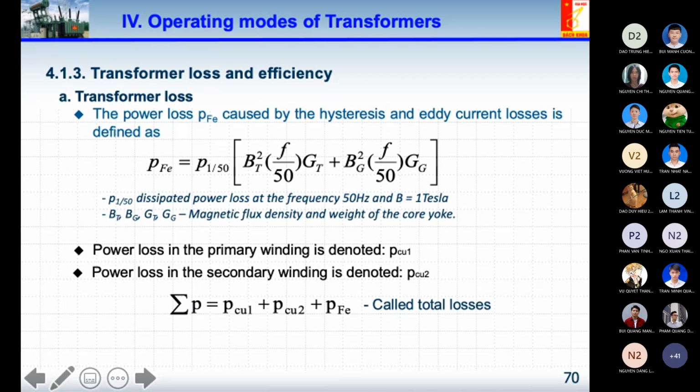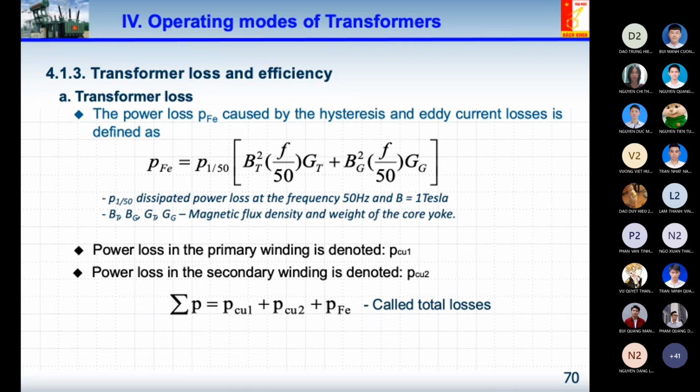But in practice, if you want to simulate the distribution of power loss of the transformer in general, or the electrical machine in detail, and if we apply the analytic method like this, the error is very big. With this method, we cannot compute the fringing or leakage flux of the transformer.